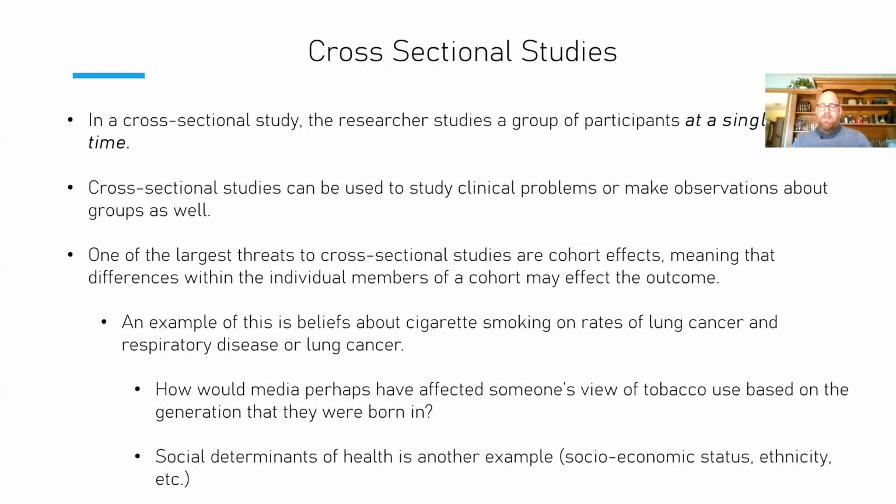One of the biggest problems, and this is a really instructive point, is that one of the biggest threats to cross-sectional studies are cohort effects. What in the world is a cohort effect? For example, in the example that we give here, let's say we have a cohort of 1 million people.